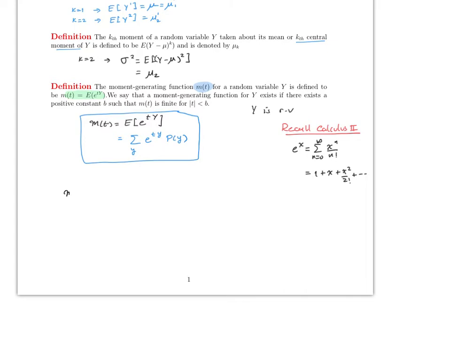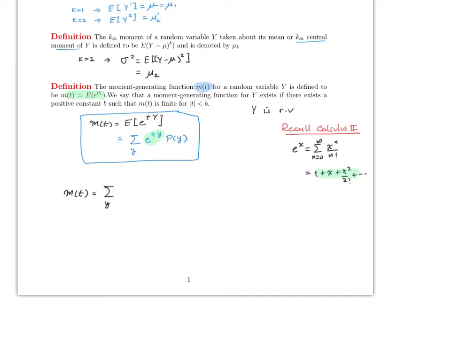We will get that the moment generating function is equal to the sum over y, and notice that e to the ty is equal to this.